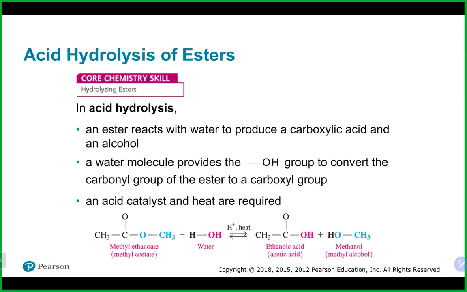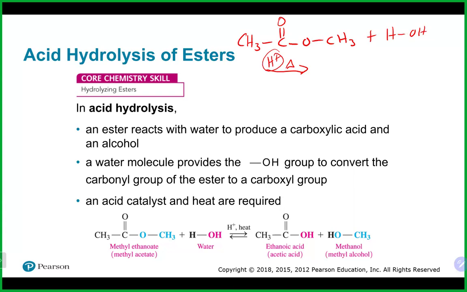Now, when we do this, there's two types of hydrolysis reactions. One is an acid hydrolysis and one is a base hydrolysis. In an acid hydrolysis, we take our ester, and maybe no surprise here, we're going to add water. And you will see H plus, and that's the acid as a catalyst, and heat involved in this case.